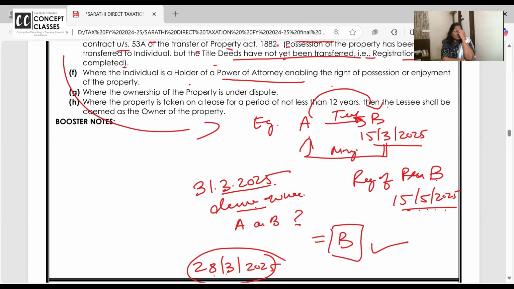A transferred on 15th March. B paid the money on 15th March. Registration happened on 15th May. Who is the owner on 31st March? A is the legal owner. But who is the deemed owner? B. This date I have just given you. ऐसे extra bit ये लिखने की जरूरत.